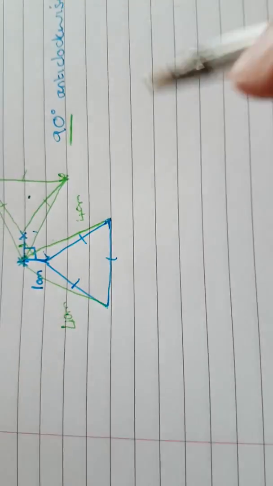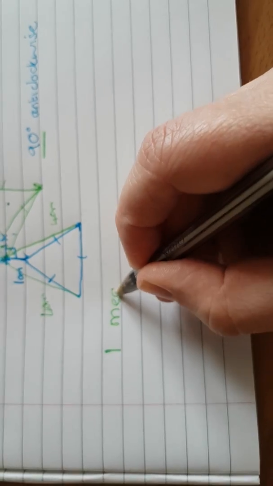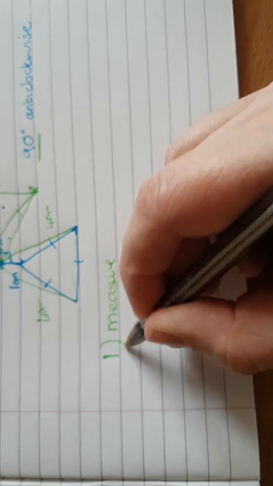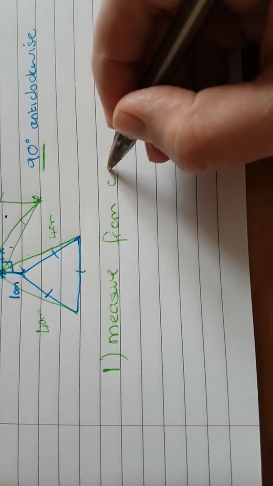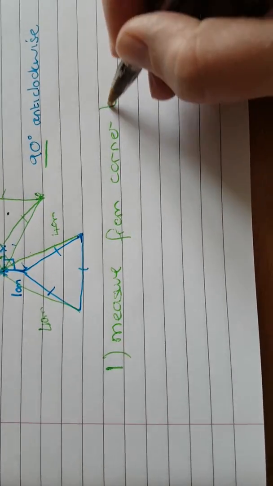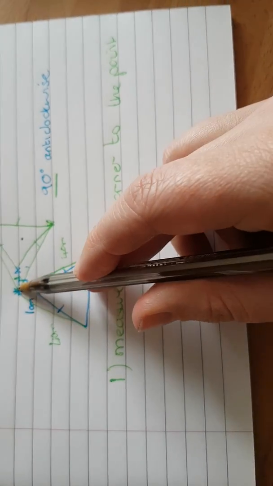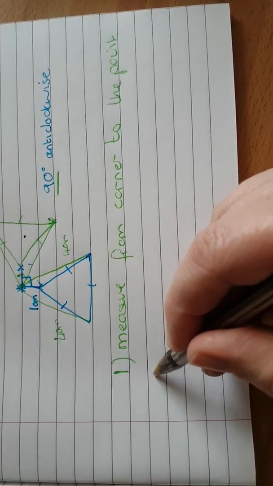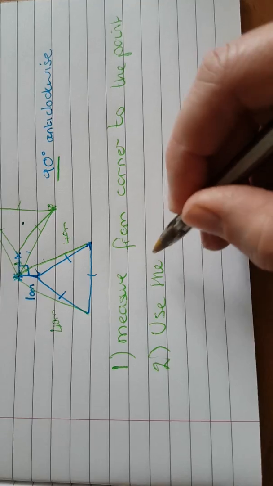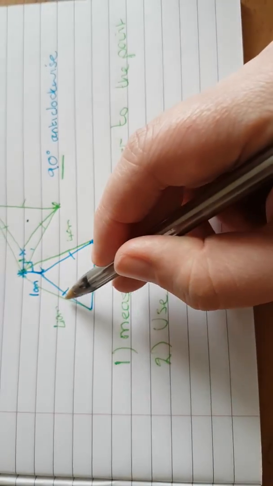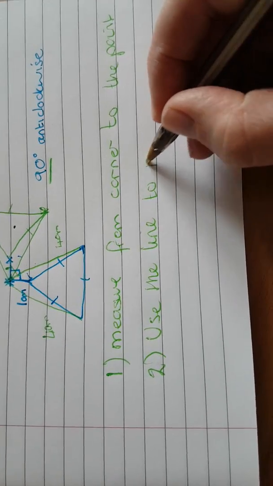So just to recap, step number 1 is to measure from corner to the point, being the rotation point. Number 2 is to use the line that you've drawn to measure the angle of rotation.